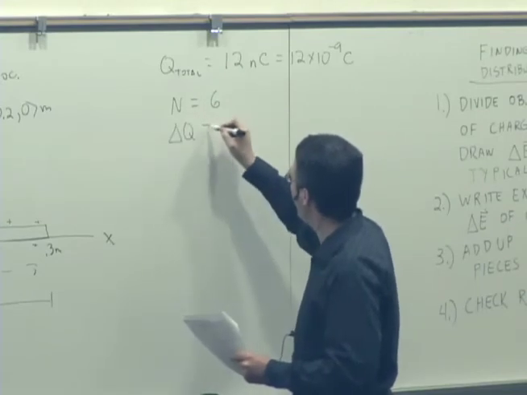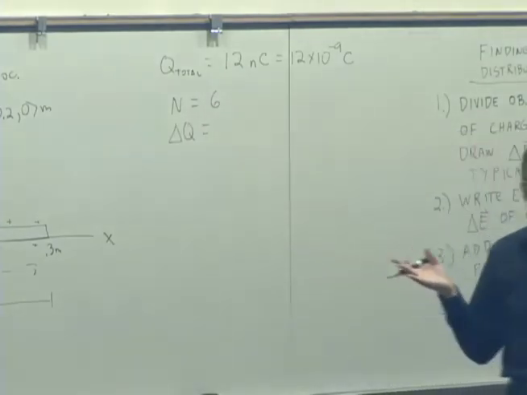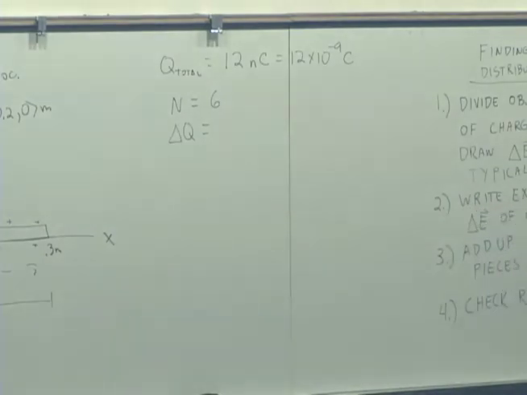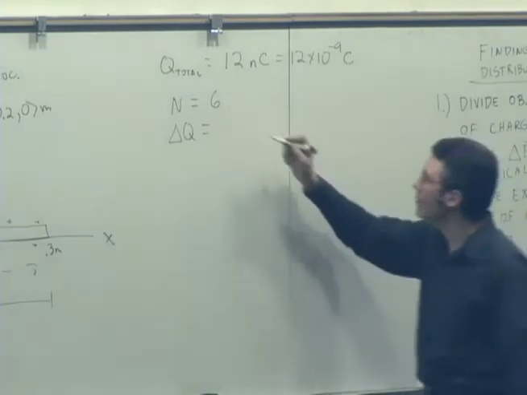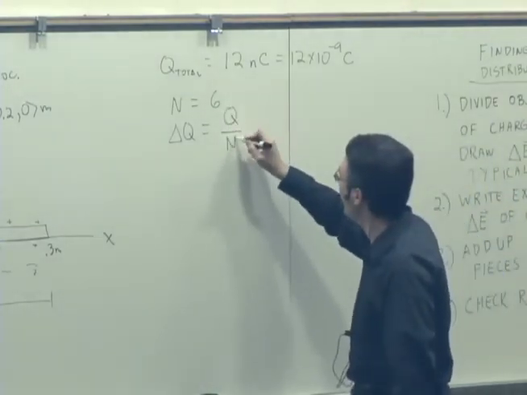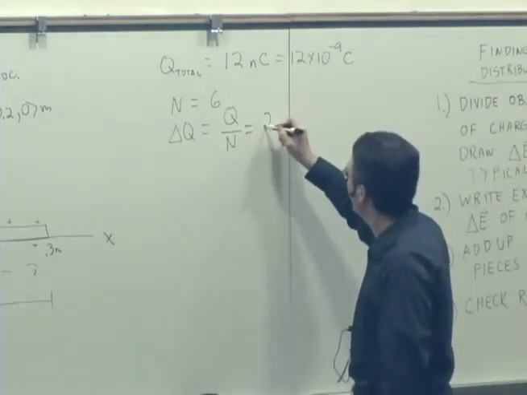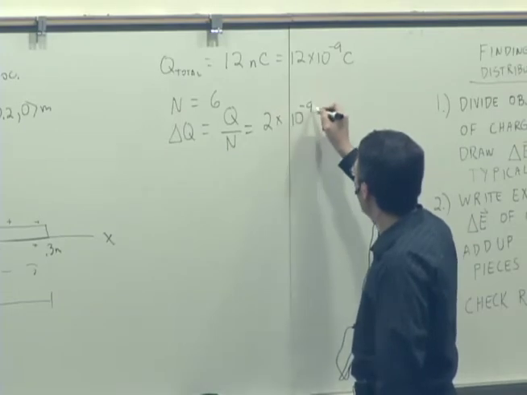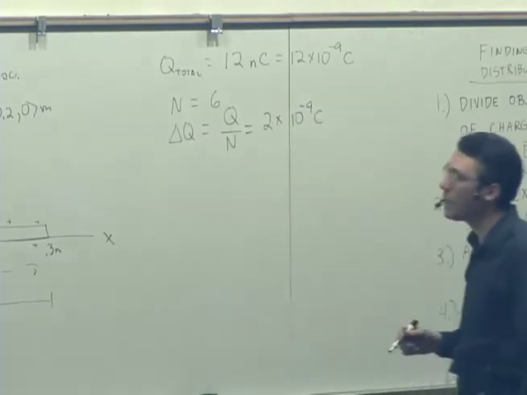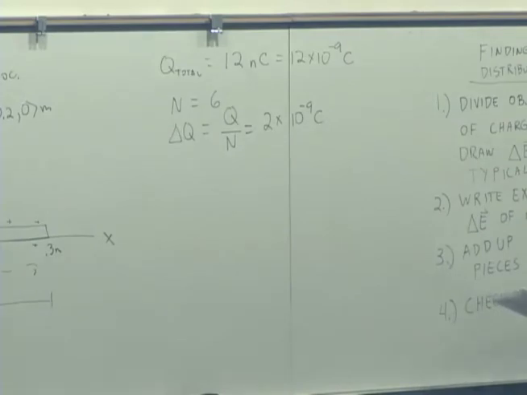Delta Q then is going to be what? How much is the charge of one piece? 2 nanocoulombs, right? It's going to be Q, the total Q divided by N, or 2 times 10 to the minus 9 coulombs.